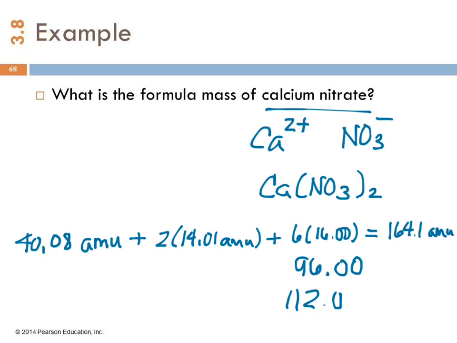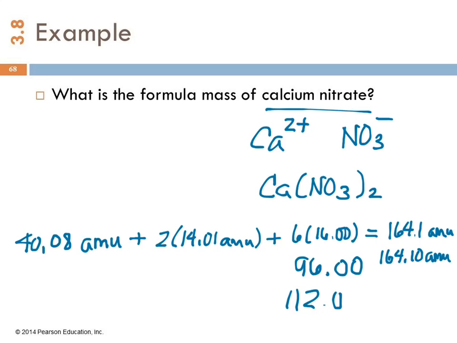There are basically 2 ways you could think about it. You can say we are just adding here, and so if all of these have 2 decimal places, then we should have 2 decimal places in the answer. I think that's very valid. And so you would add a 0 here and say 164.10 atomic mass units.